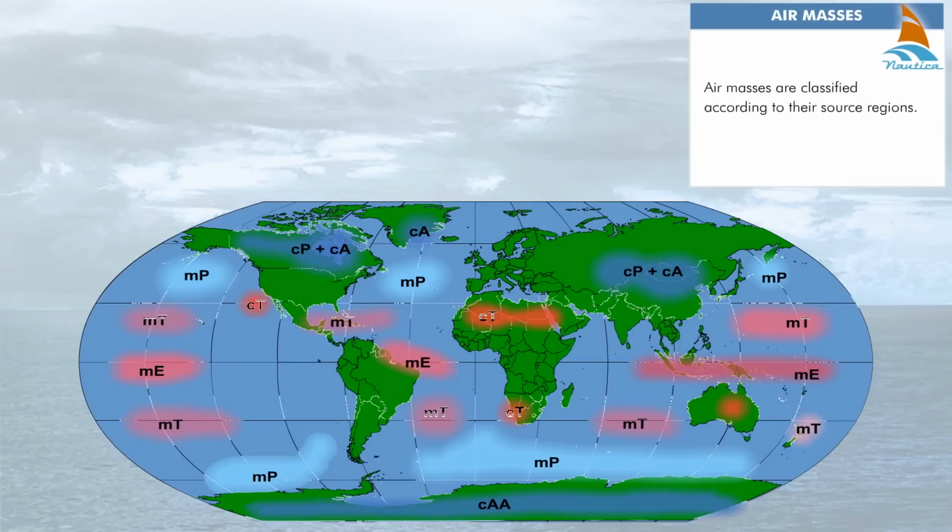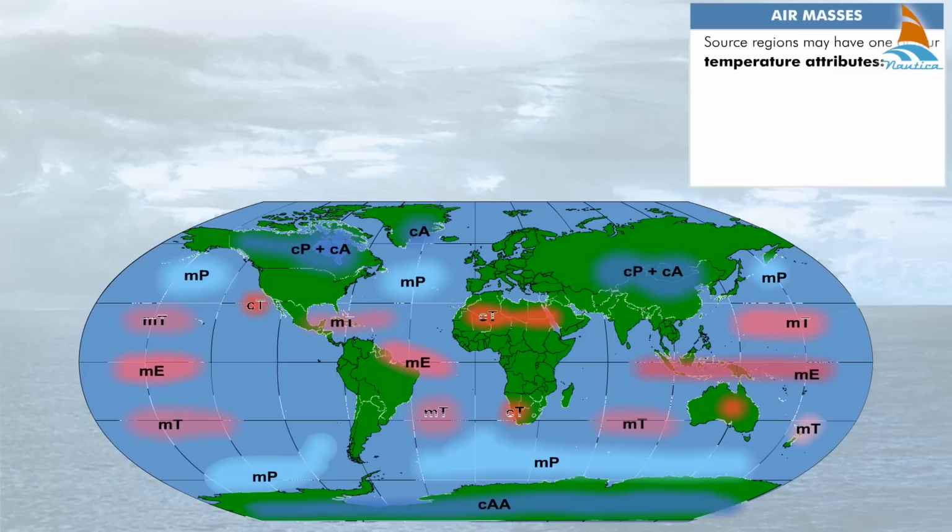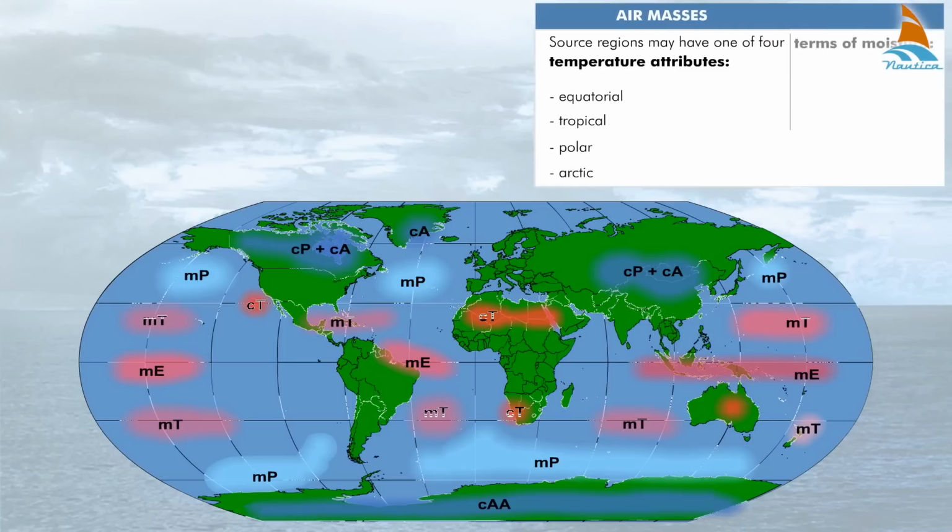As we've learned, air masses are classified according to their source regions. Source regions may have one of 4 temperature attributes: equatorial, tropical, polar, or Arctic. In terms of moisture characteristics, they can be either continental or maritime.